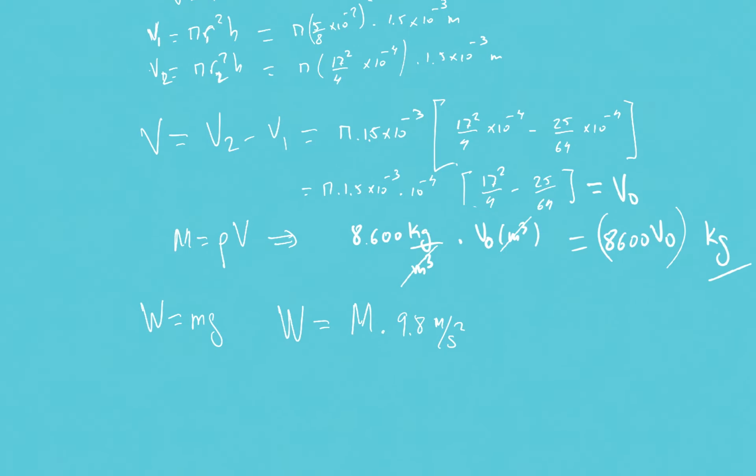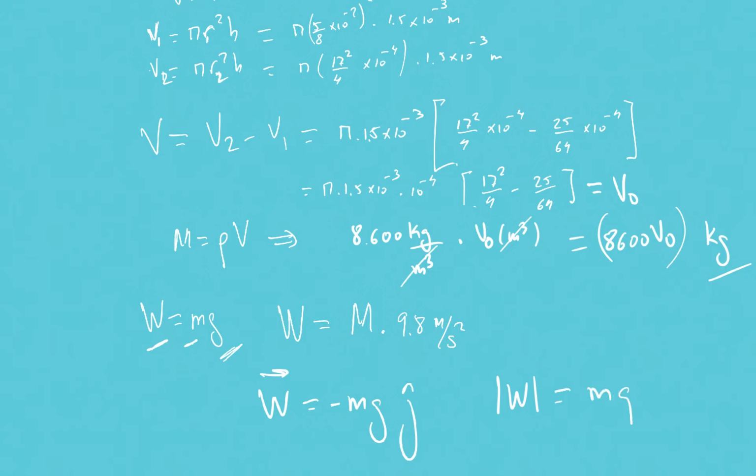Well, once I have the total mass, the weight is the mass by the acceleration of gravity. This is the definition of weight. Weight is a force, and it's mg going down, minus mg. But the magnitude of the force is the mass by g. It's a positive quantity.